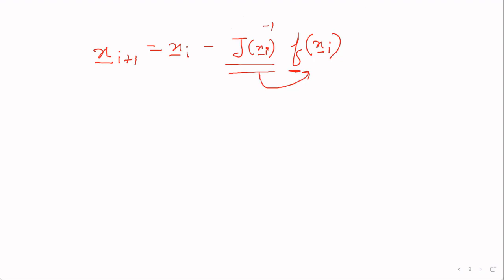So we are interested in finding an alternative to this inefficient algorithm. So what we are going to do is consider this part to be equal to something like, say, Vi.